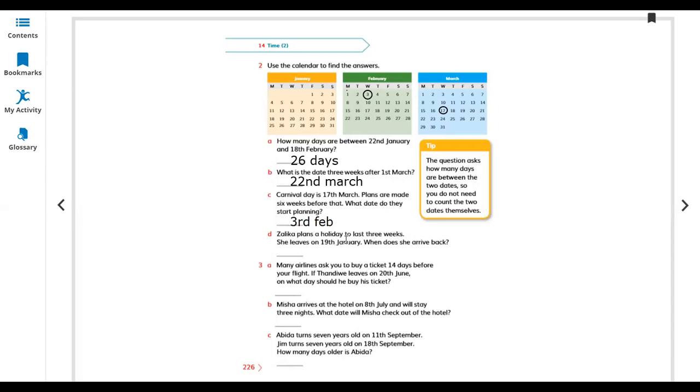Zelika plans a holiday to last 3 weeks. She leaves on 19th January. When does she arrive back? Zelika planned a holiday to last 3 weeks, and she left on 19 January. So from 19 January, where is 19 January?